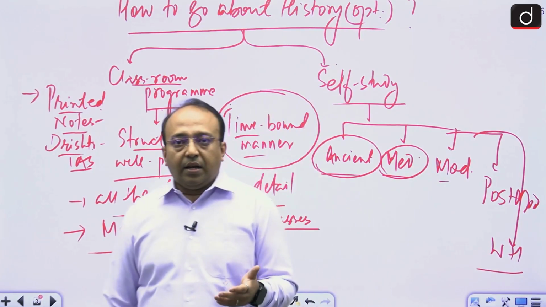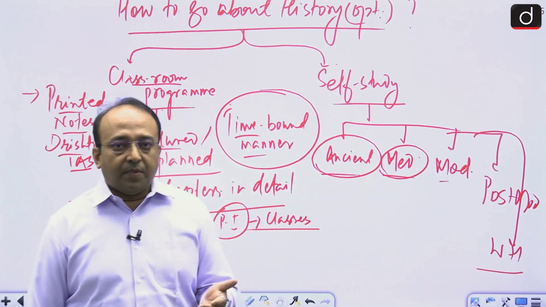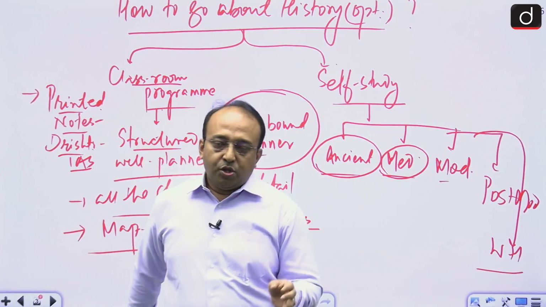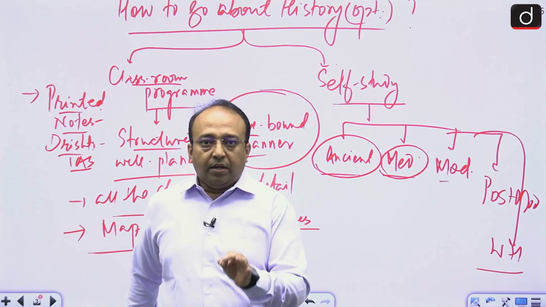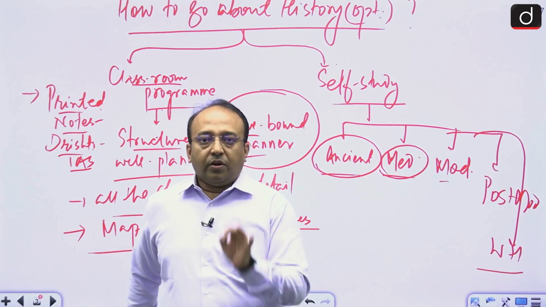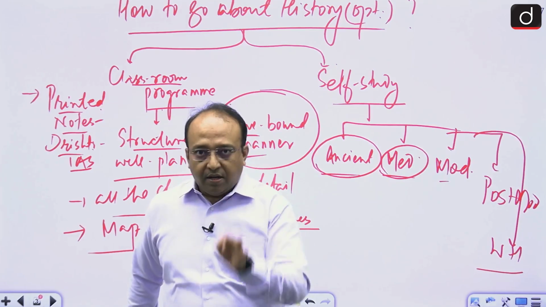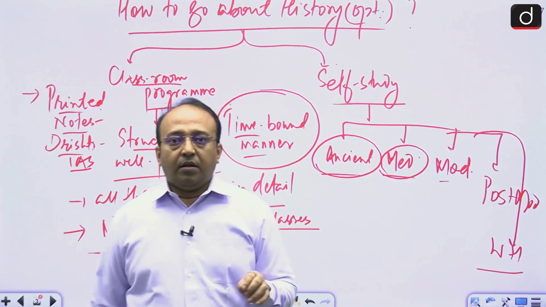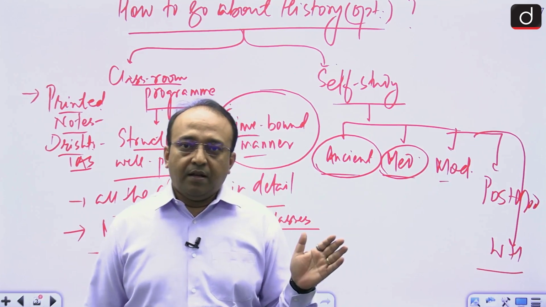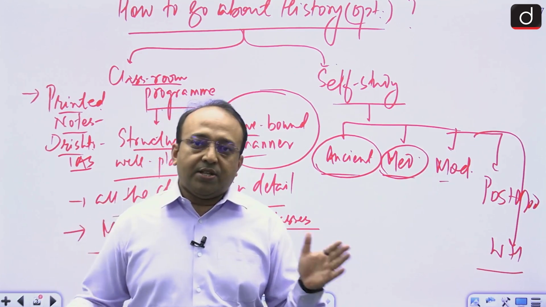Fine. That is the reason I advise every serious student that if you are really serious about qualifying this exam within a couple of years, then you have to ensure that right from the very first day you join a classroom program, because you will be able to cover the syllabus faster than others, and this is a race.